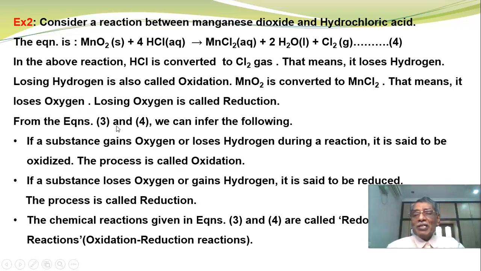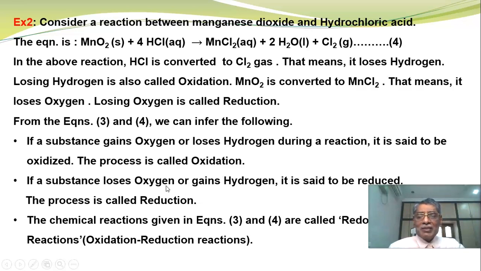From equations 3 and 4, we can infer the following. If a substance gains oxygen or loses hydrogen during a reaction, it is said to be oxidized, and the process is called oxidation.